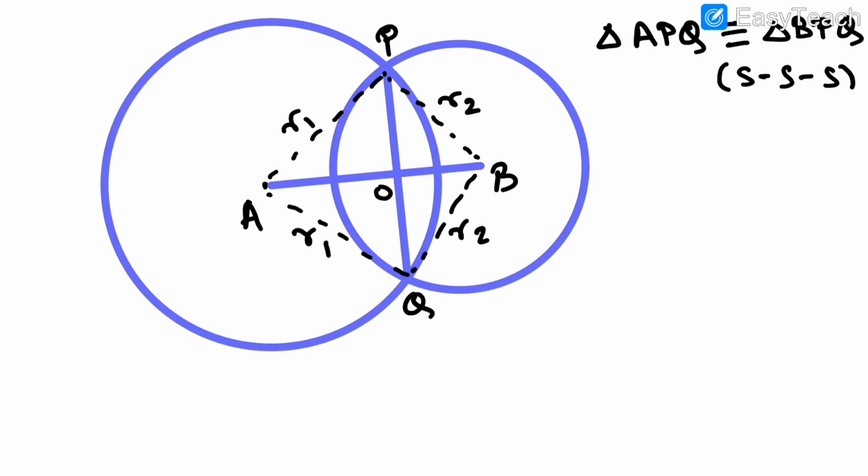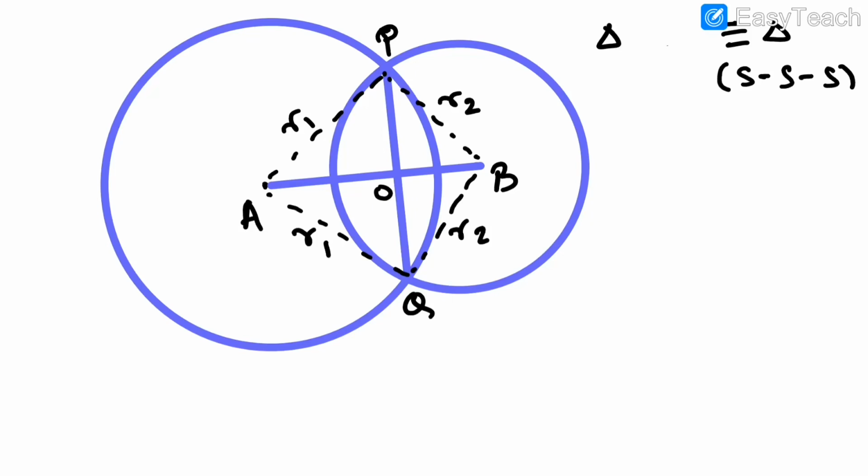No, sorry. I've written the wrong triangles. Extremely sorry for this. So this is one triangle, this is the other triangle. So what are the names of it?